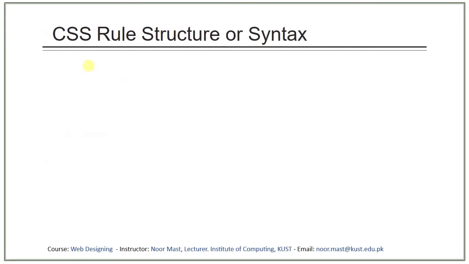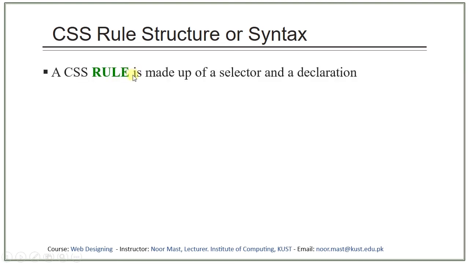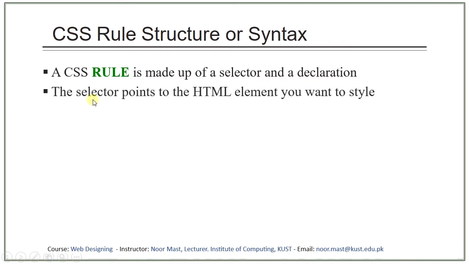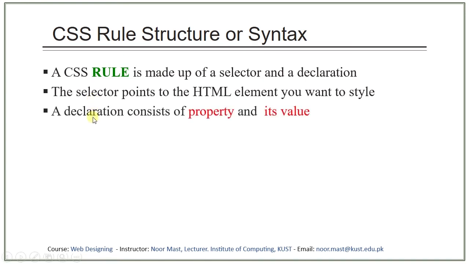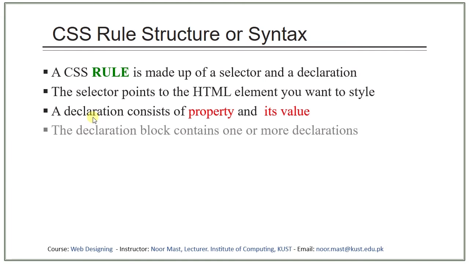CSS rule structure or syntax. A CSS rule mainly consists of two parts: a selector and a declaration section. The selector points to the HTML element you want to style, while a declaration section consists of a property and its value.